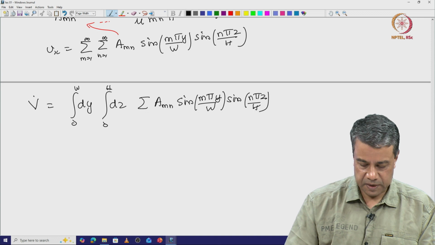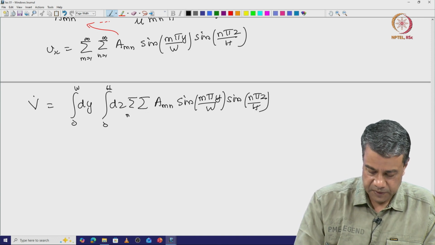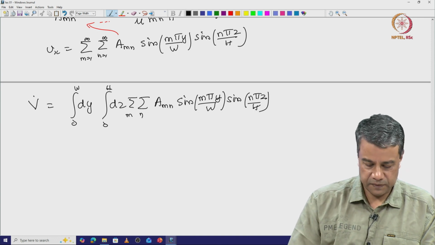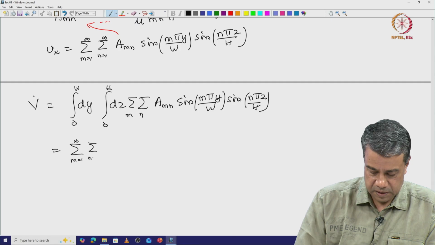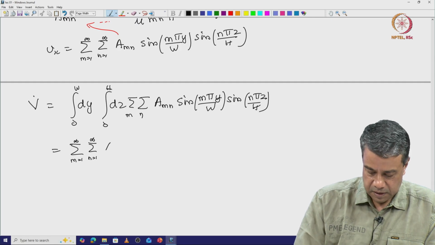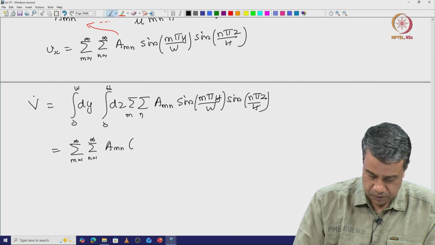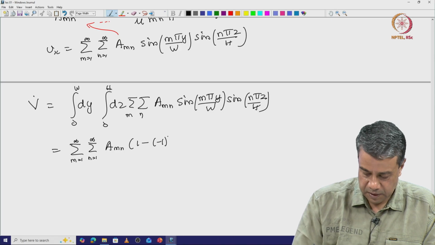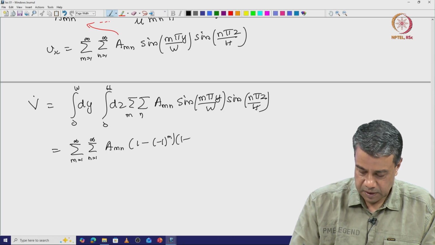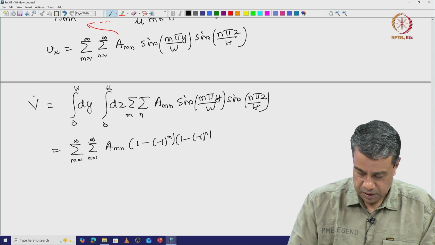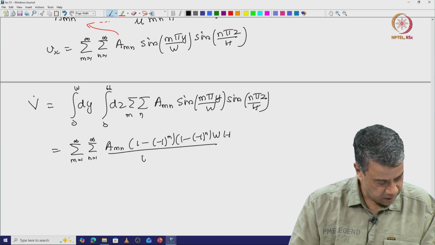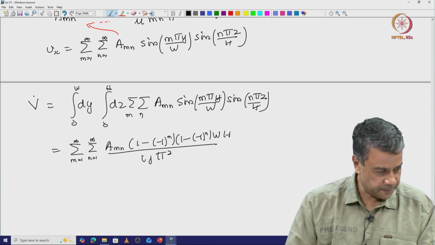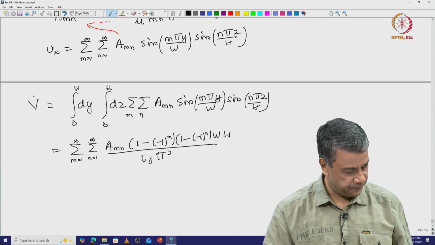And you can do the summation over m, summation over n is equal to 1 to infinity, and you will get this as summation over m is equal to 1 to infinity, summation n is equal to 1 to infinity A m n into 1 minus minus 1 power m into 1 minus minus 1 power n W h divided by m n times pi square. Okay. So, that will be the solution.